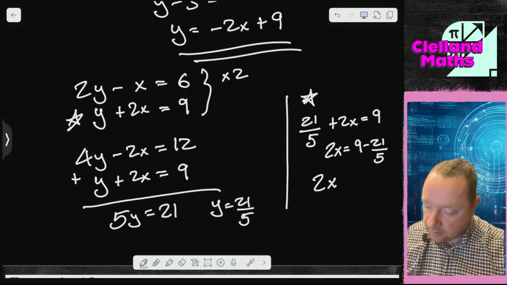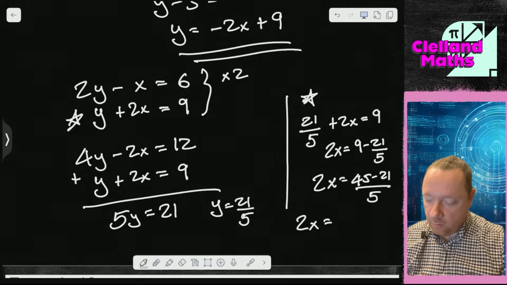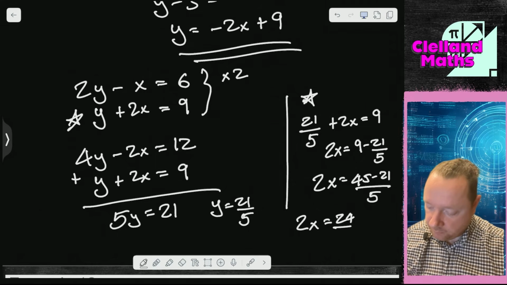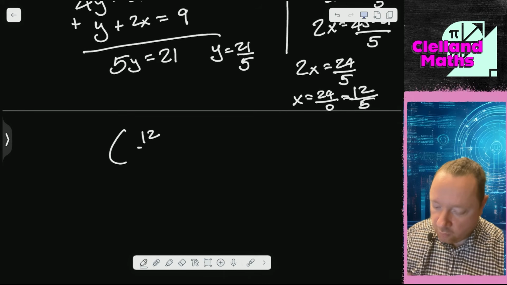So 2x, 9 fifths is 45 over 5, minus 21 over 5. 2x is 24 over 5. And then dividing by 2, x is 24 over 10, which is 12 over 5. So our point is 12 over 5 and 21 over 5.